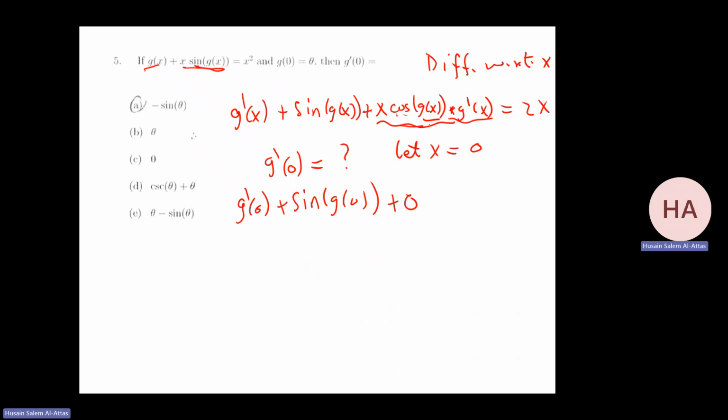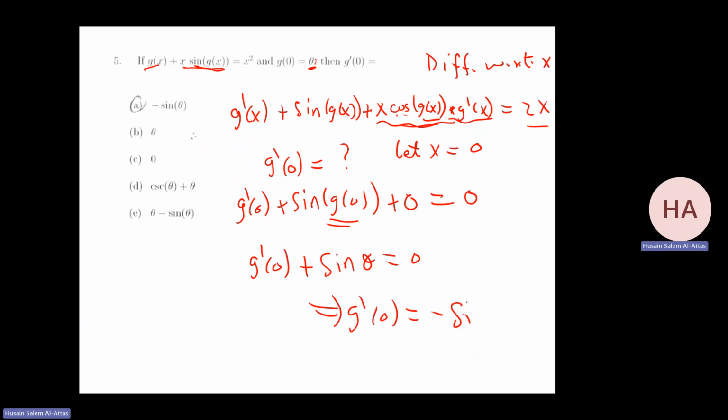I have 0 times function times value times value. So I have 0. And this one is also 0. Now what is g at 0? G at 0 is theta. So I have g prime at 0 plus sine theta equals 0. In other words, g prime at 0 is minus sine theta.